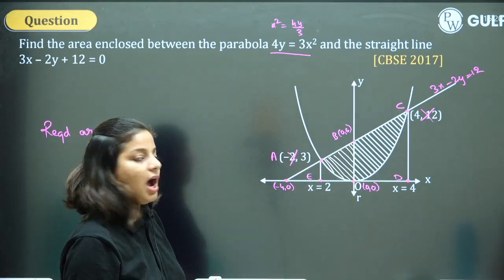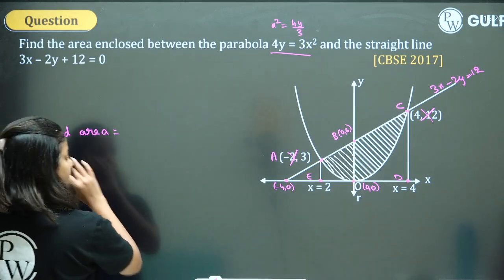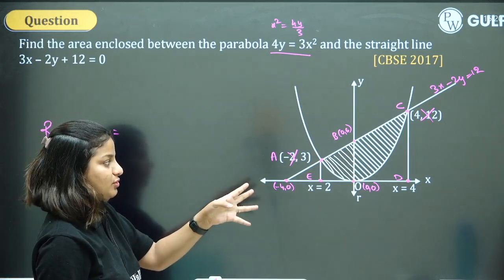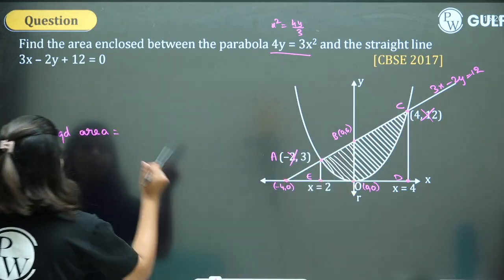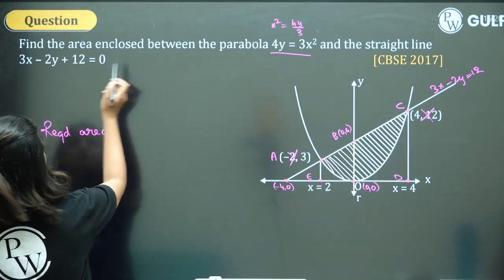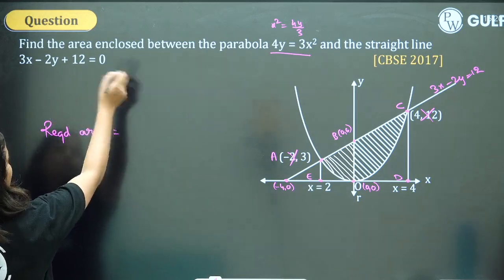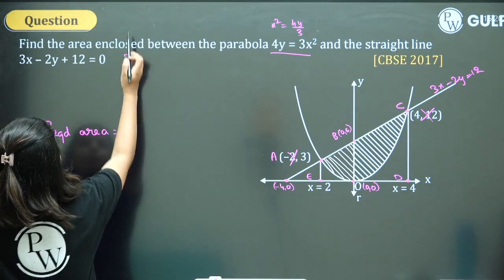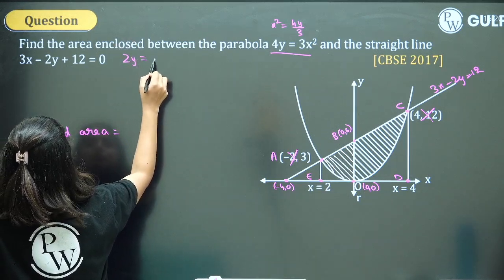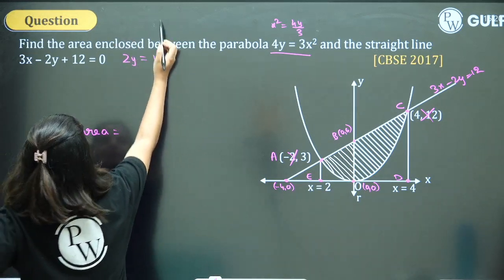How do I know what is the required area? Fourth step बच्चों, we wrote all the points of intersection. Now we want these 2 points. And to find the point of intersection, solve the two curves together. How? 2y is equal to 3x plus 12.